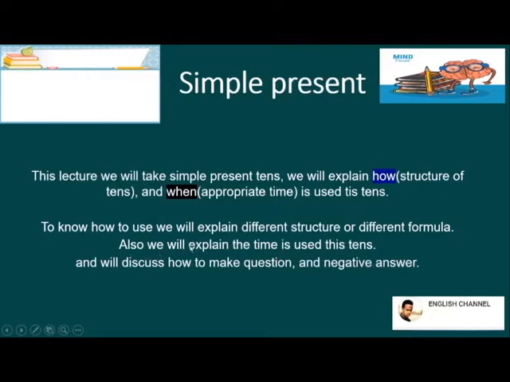Also we will explain which time this tense is used for, and we will discuss how to make a question or a negative answer if someone asks you a simple present tense question. How can you answer or give him a negative answer? We will discuss all these things.